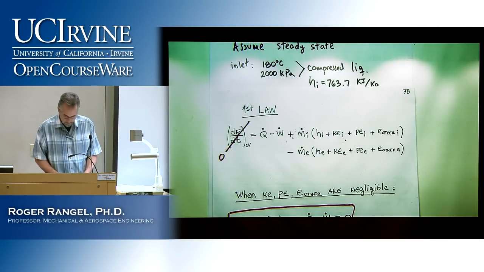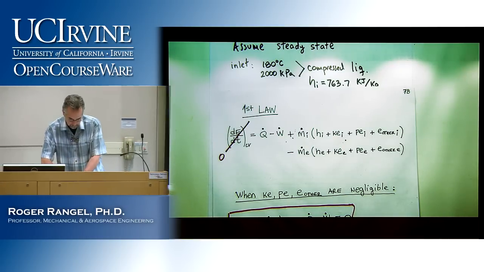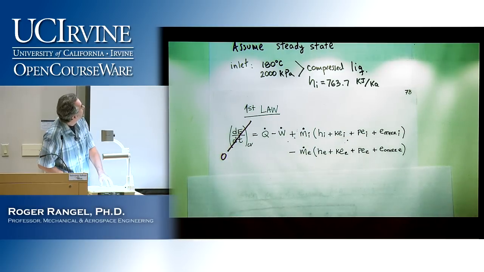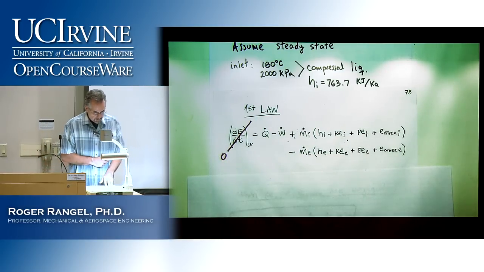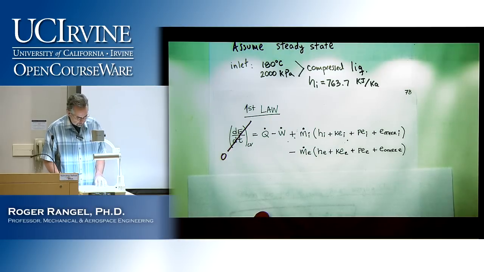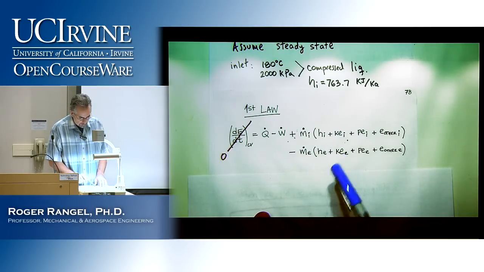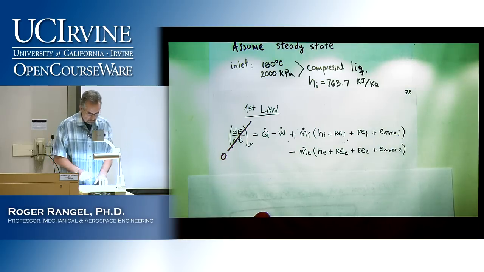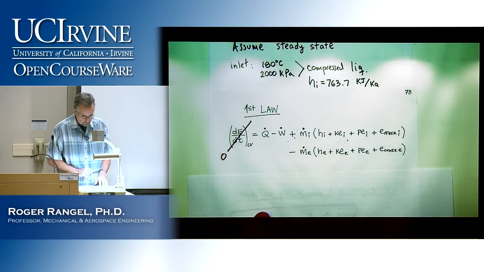That's our full equation. And again, we're talking about steady state. So in steady state, we'll cross out the time derivative term. In this problem, we are going to neglect kinetic energy, potential energy, and any other form of energy. So we'll also cross those out.